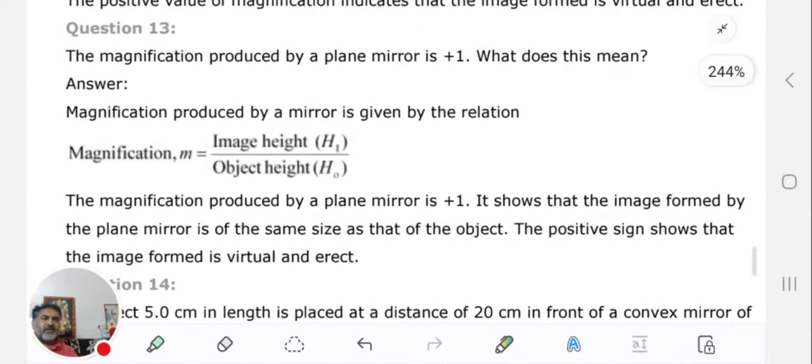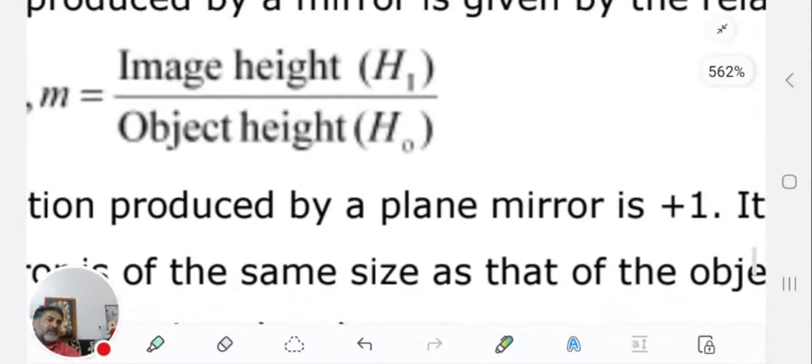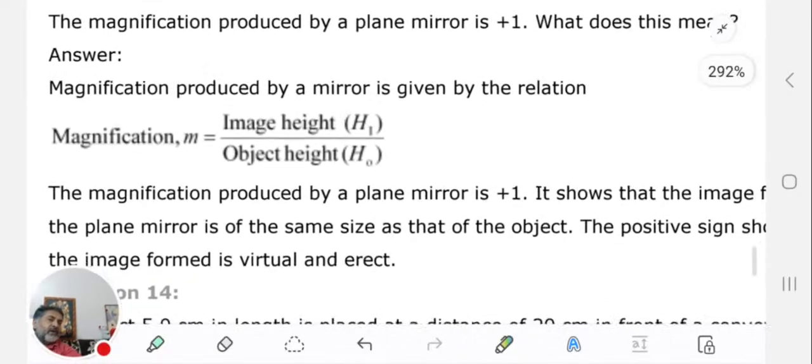Question number 13. The magnification produced by a plane mirror is +1. What does this mean? The magnification produced by mirror is given by the relation magnification m is equal to image height hi upon object height ho. આ hi છે ઇમેજ અને ઓબ્જેક્ટ o કહેવાય, ho.